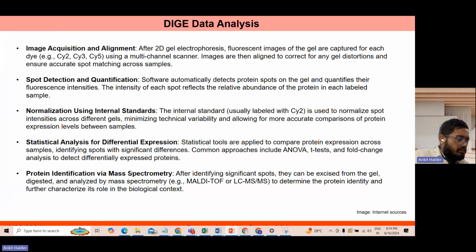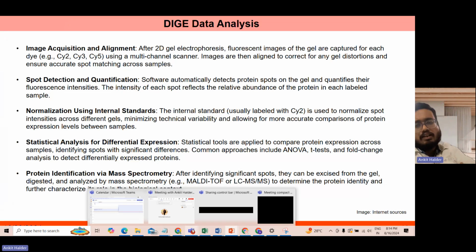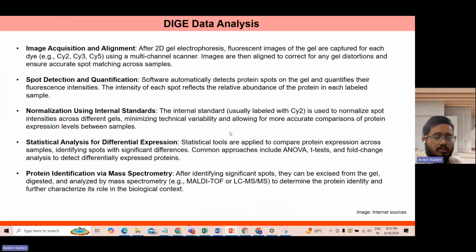And then, if you want, we can go for identification by a mass spectrometry based method, to find out which particular protein or spot is showing so much differential regulation.